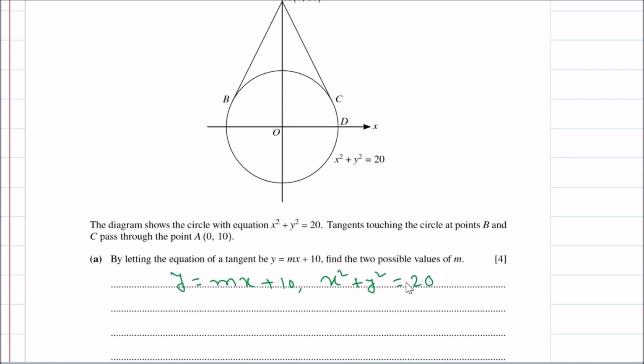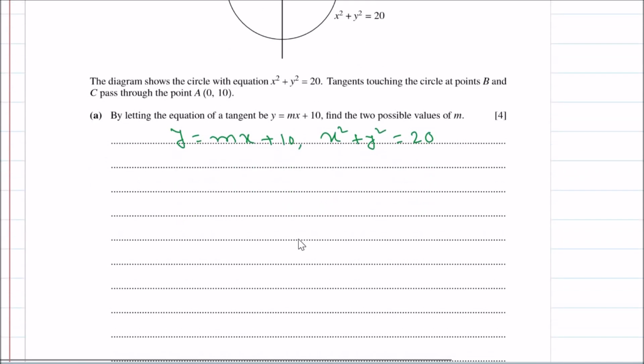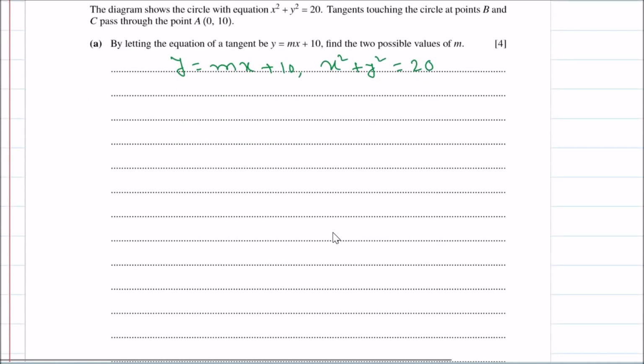We will substitute y equal to mx plus 10 in the circle equation, because they are touching each other at that point. So we get x square plus mx plus 10 whole square equal to 20.